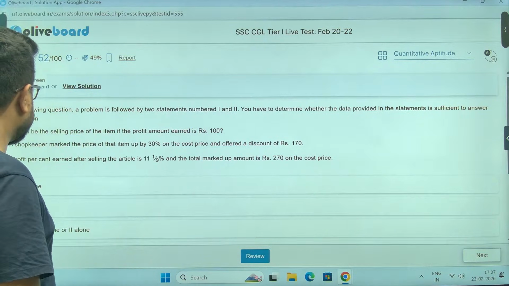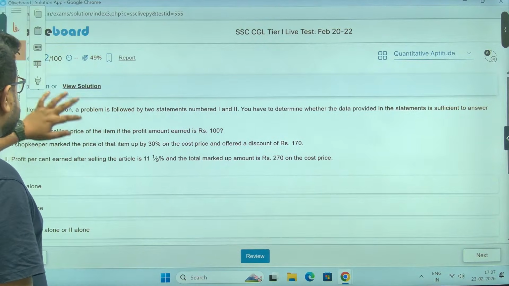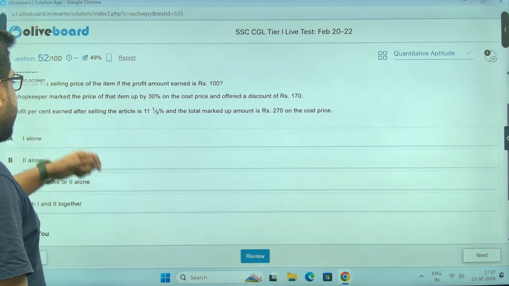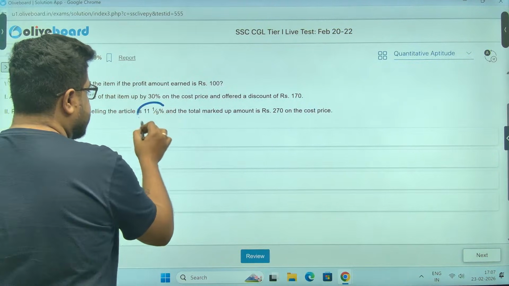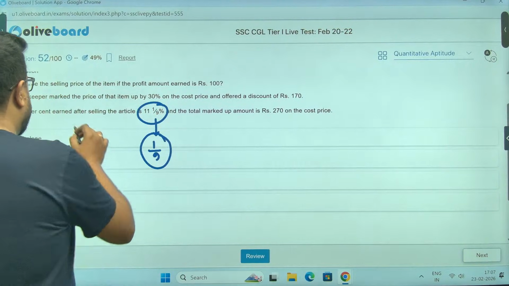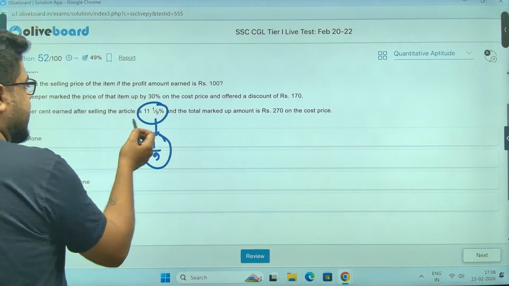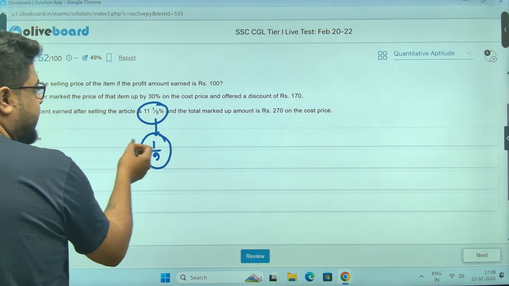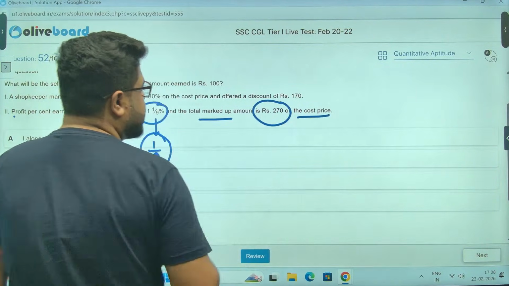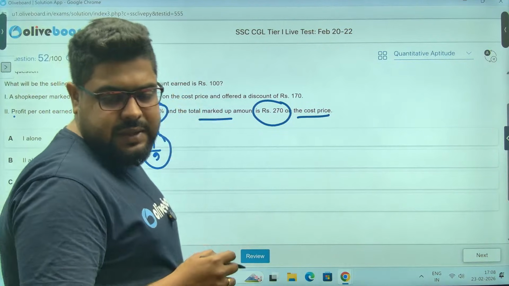Chalo, let's see now, sir. Profit percent earned after selling this much, this is 1/9. Profit percentage earned after selling the article is this. Profit is this, and total marked up amount is this of the cost price. So again, the very similar thing.